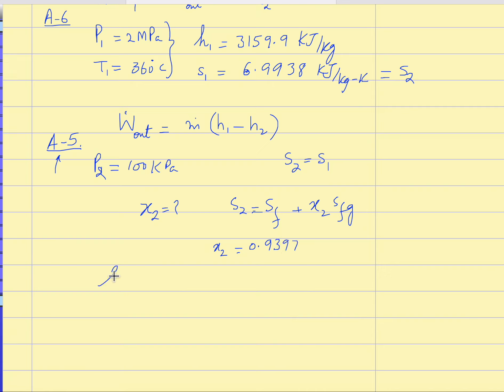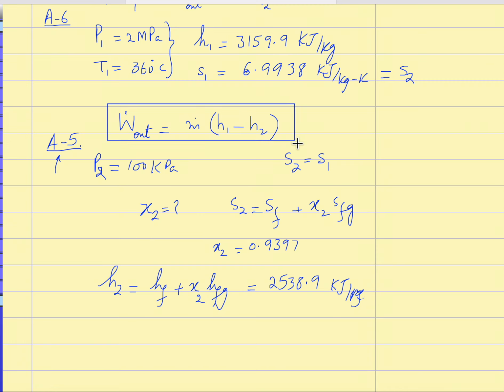This is very helpful because we want to find h2, which is equal to hf plus x2 hfg. If you solve for this, you get 2538.9 kilojoules per kilogram. And this is our required formula to find the power output.